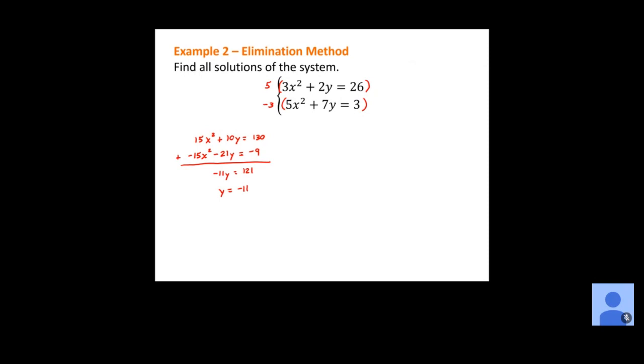Now once we have our y value, now we can do what? Good. Solve for x. And again, it does not matter where we plug it in, which equation you use. So which equation do you want to go with this time?